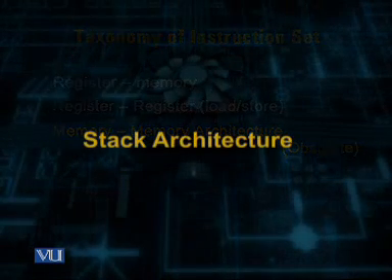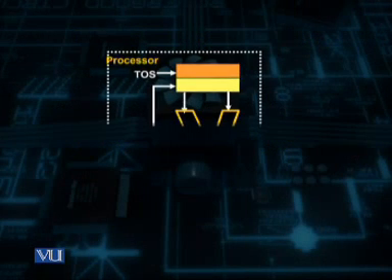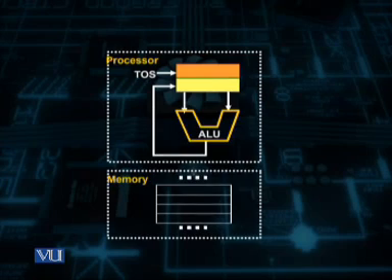So the stack-based architecture is one where both the operands are implicitly on the top of the stack. If you look into this diagram, you can see that the address required in this type of architecture is 0, which means that the instruction always refers to the top of the stack.